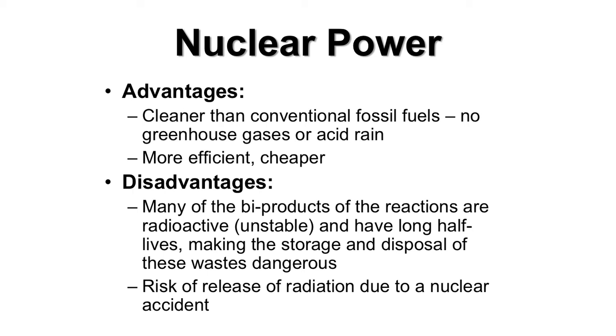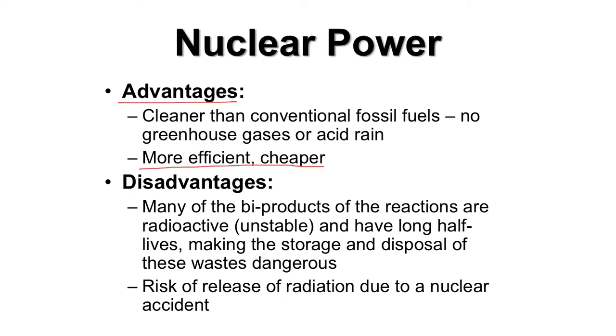So advantages for nuclear power is it is cheaper and more efficient. You can get a lot more energy from a nuclear power plant, so therefore it provides us with cheaper energy, which everybody always wants, a cheaper utility bill.